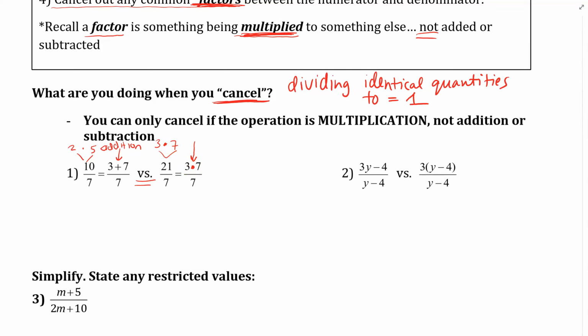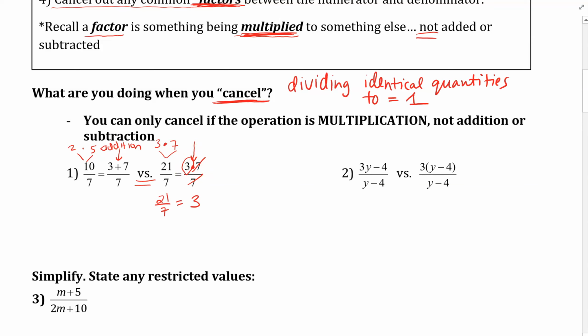And so in that sense, you can say, oh, 7 is a factor of the numerator. I can cancel it, right? I can cancel that out. And the answer to this is 3. 21 divided by 7 does equal 3, right? 7 fits into 21 3 times because it was one of the factors of 21. It divided evenly into 21. And so that's why multiplication is the thing that indicates a factor.